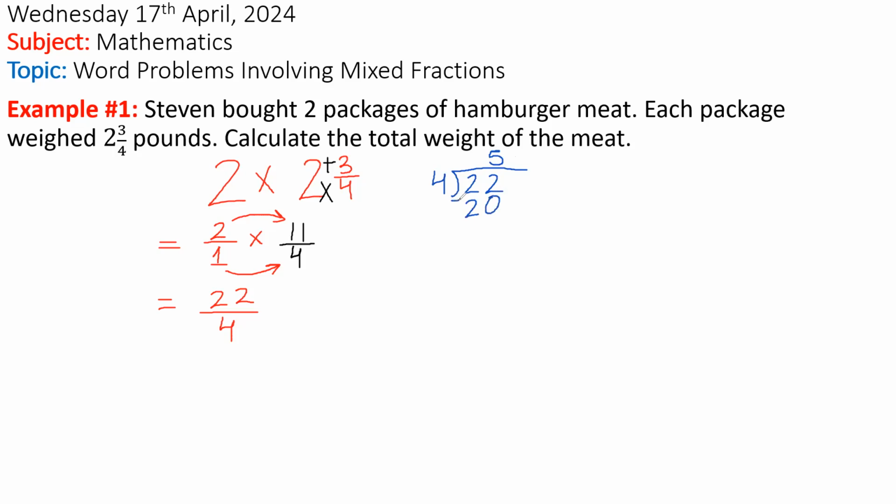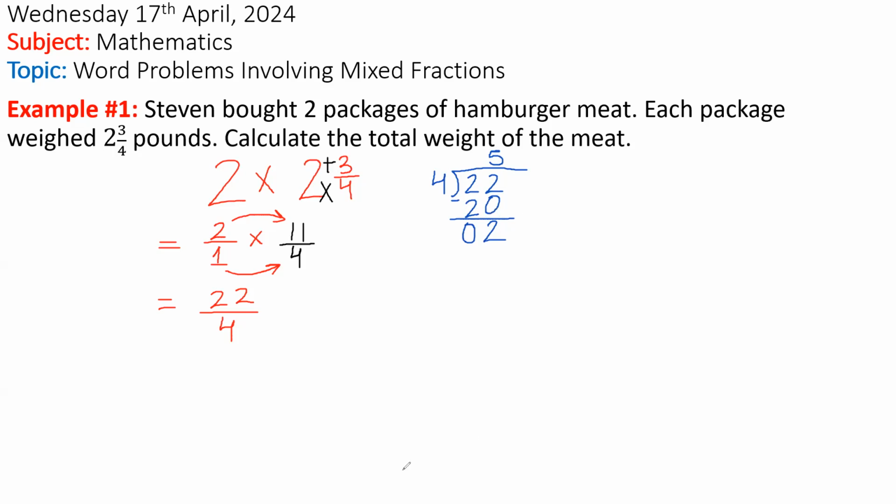And so we have 22 minus 20, which is going to be what? 2. And then 2 minus 2 is going to be 0. So we have 5 times 4, which is 20, and then 22 minus 20 is going to be 2.